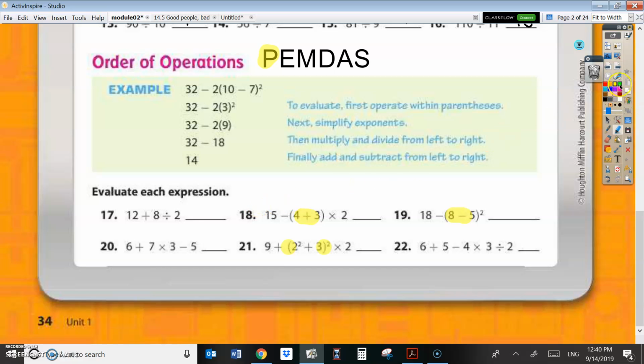And then exponents next. There's an exponent. There's an exponent. There's an exponent.